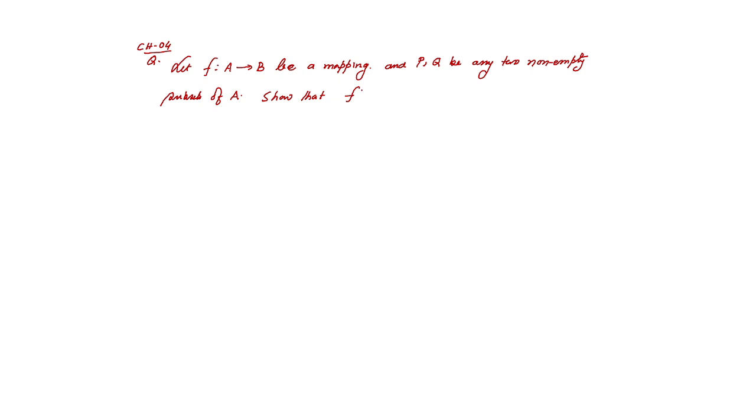Let f be a mapping from A to B, and P, Q be any two non-empty subsets of A. Show that f(P union Q) equals f(P) union f(Q).